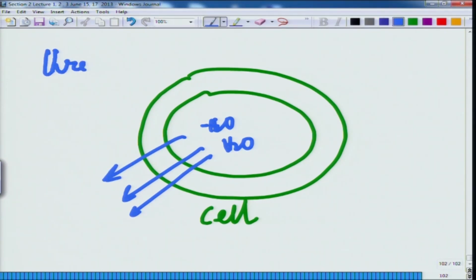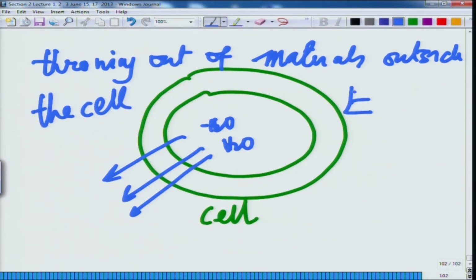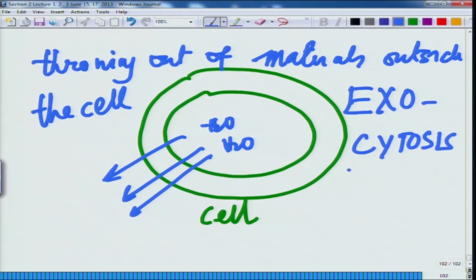Throwing out of these materials outside the cell falls under exocytosis. This is one of the key phenomena which dictates the regulation of several fluids across the membrane.